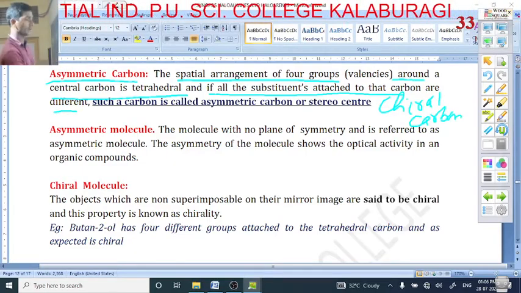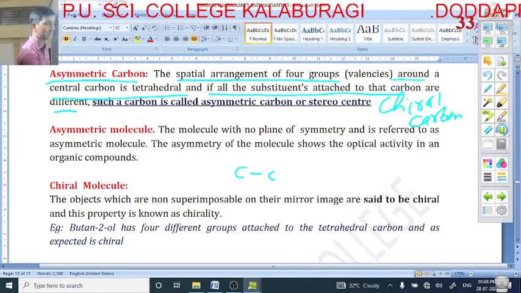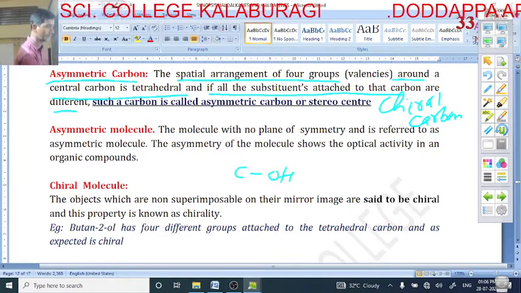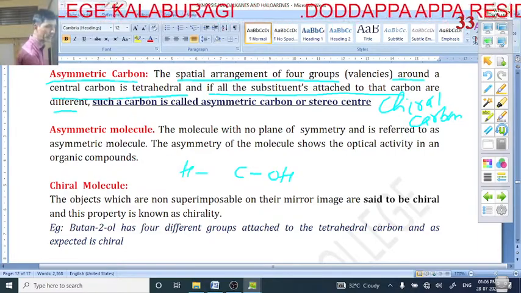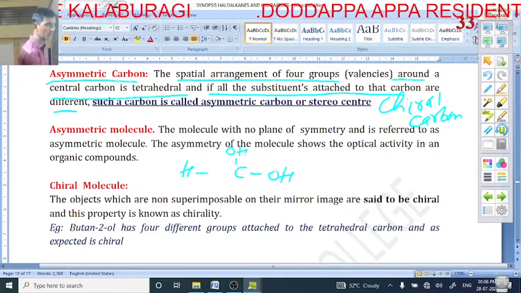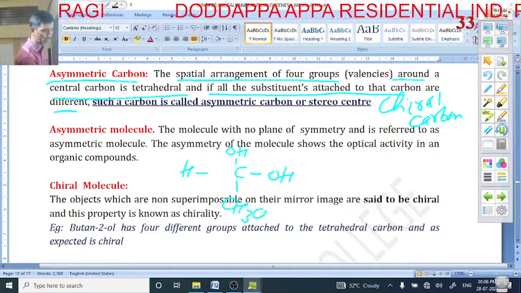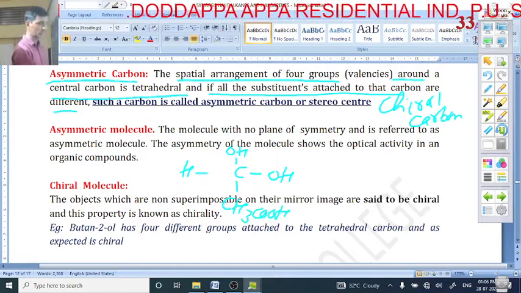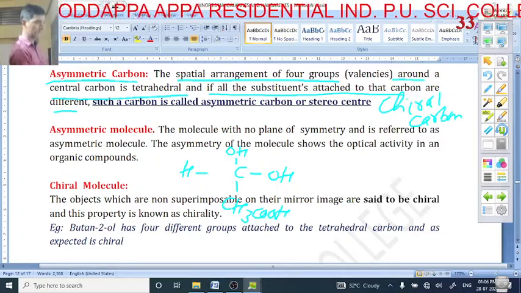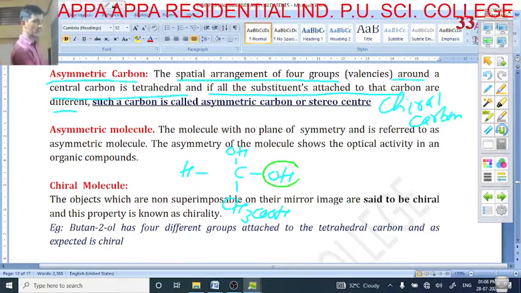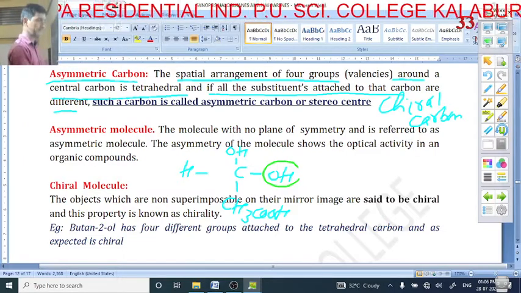Here I can take C with OH, H, and CH3COOH.